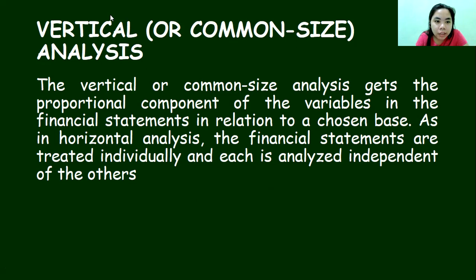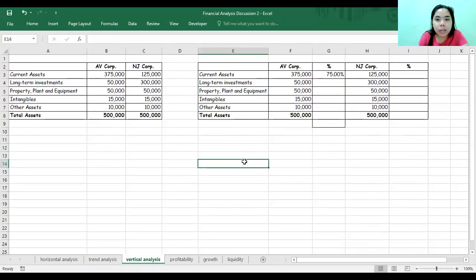So to understand this, let's go back to the Excel file having the vertical analysis. So it's still the same as your module. You have here 2 corporations. There are a lot of ways of applying this analysis for as long as it is relevant to our decision making.